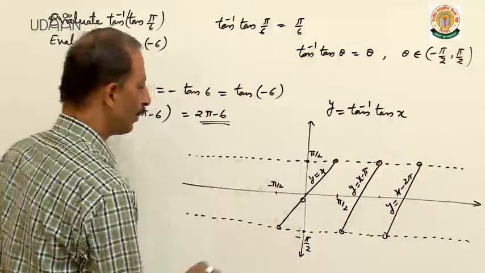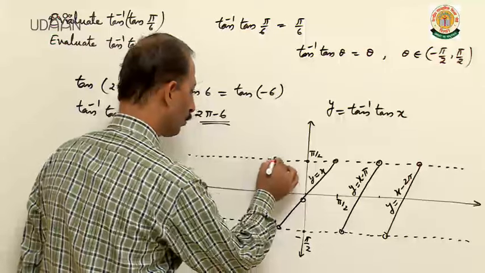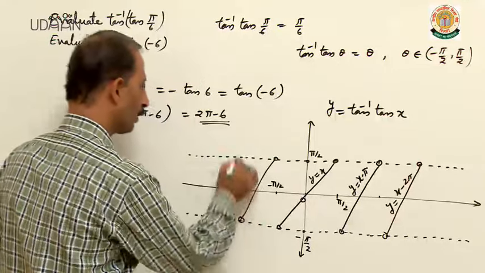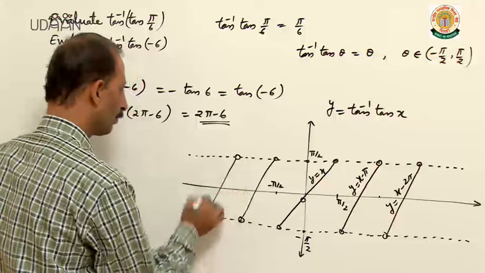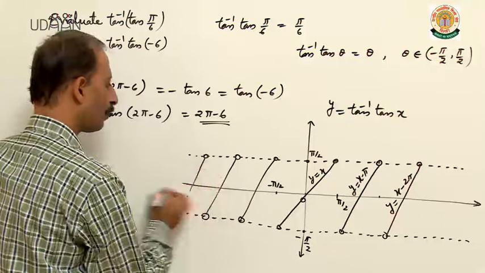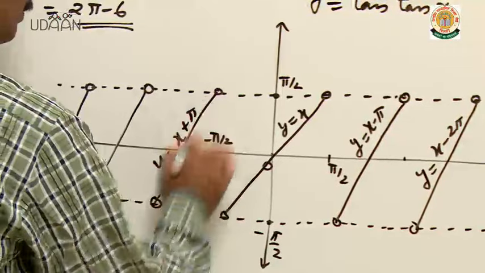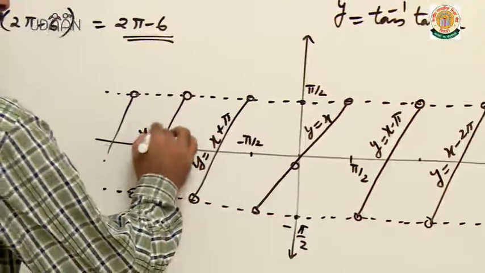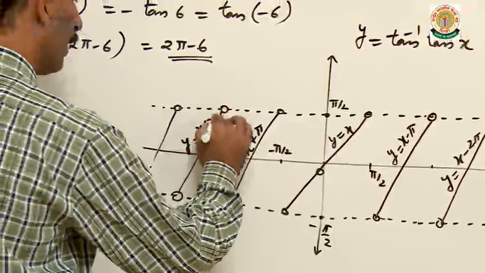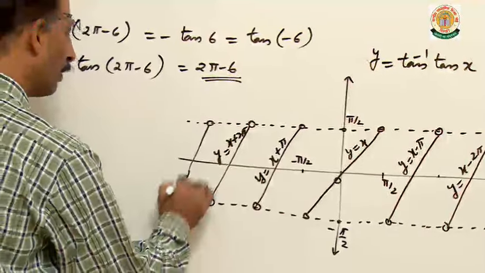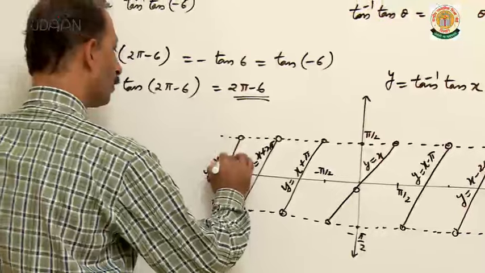The same type of graph you will get in the negative direction also. Its equation becomes y equal to x plus pi, then y equal to x plus 2 pi, and this equation becomes y equal to x plus 3 pi.